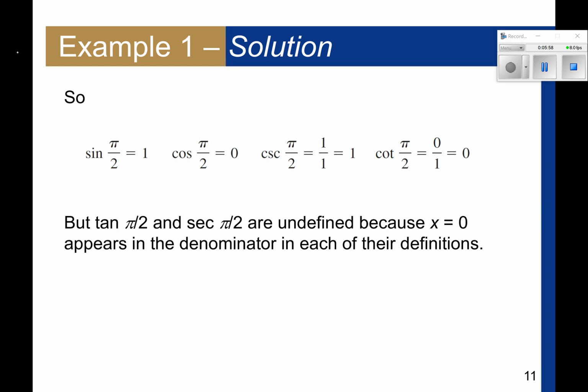Tangent is undefined. Secant, you'd have to do 1 over 0, the reciprocal of cosine. That's undefined. But isn't it really strange how this works out? Since tangent was undefined as 1 over 0, cotangent, x over y, is 0 over 1, which is 0.